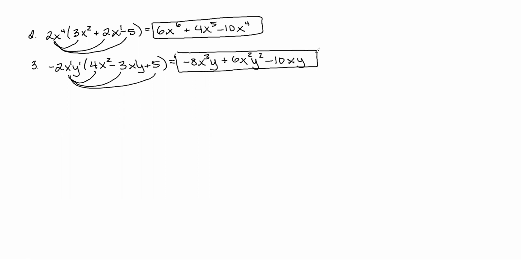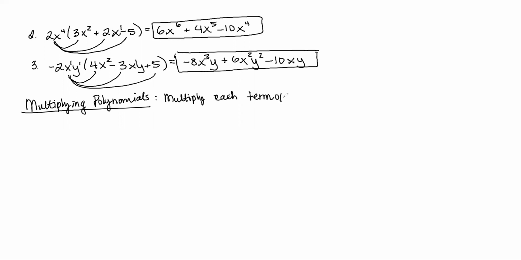All right, so now let's take a look at our last type of multiplication, multiplying with multiple polynomials, or just multiplying polynomials in general. So multiplying polynomials, what we're going to do is we're going to multiply each term of the first polynomial by each term of the second polynomial.